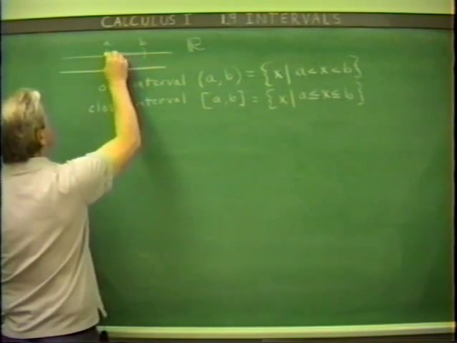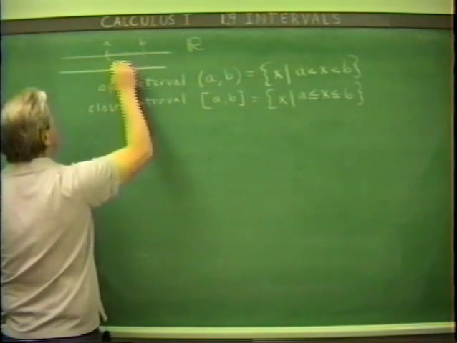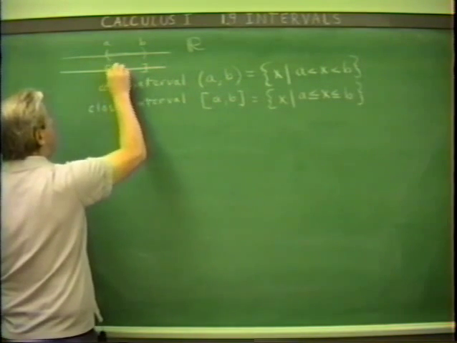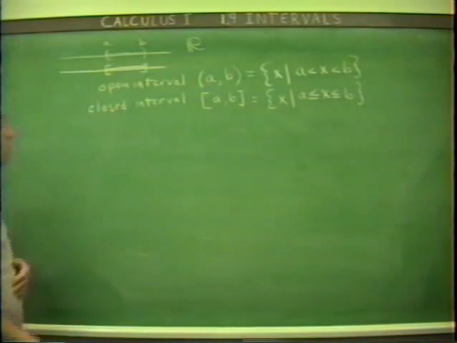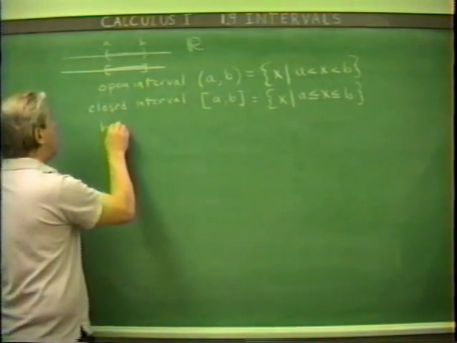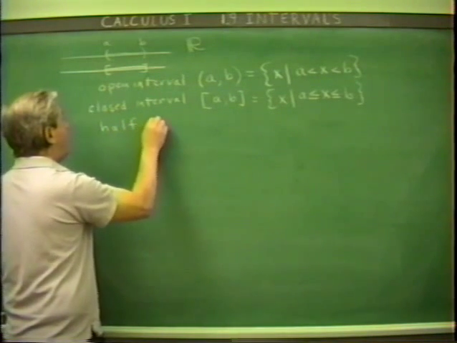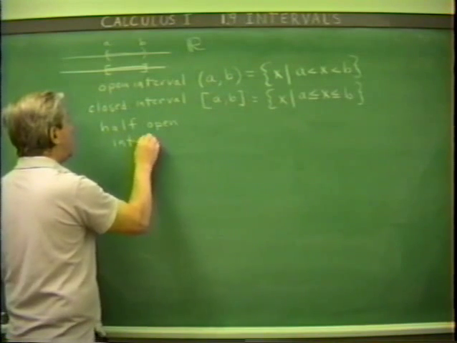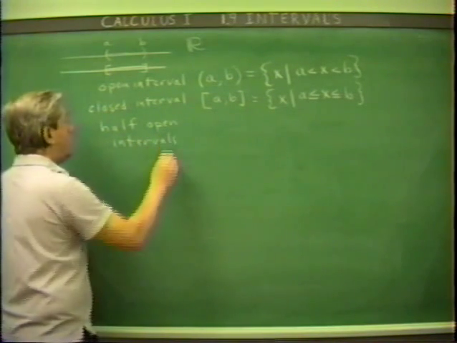Some books will draw this with an empty circle here and an empty circle here and a line connecting them. The closed interval can be represented like this, schematically. Then there are a couple of possible half open intervals.